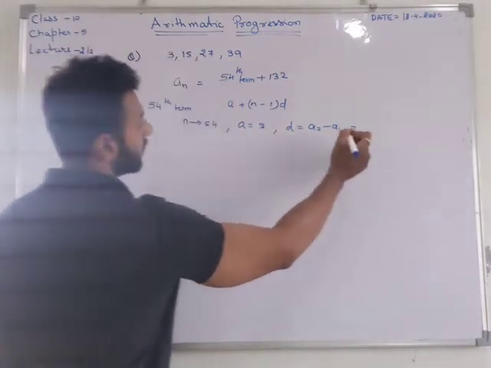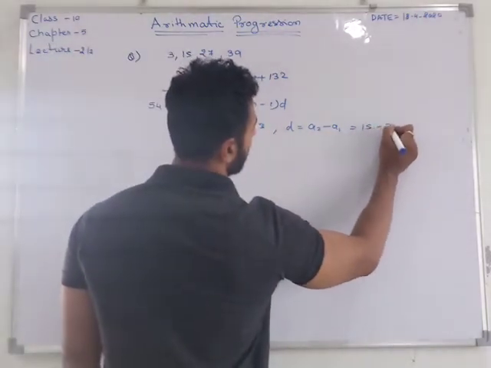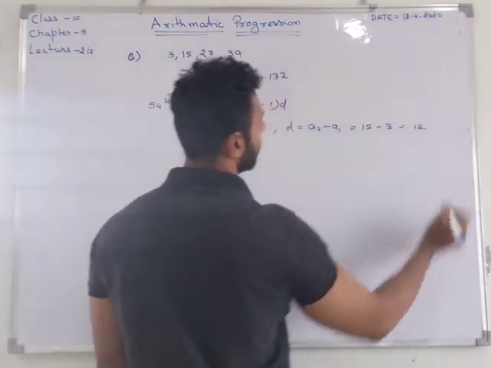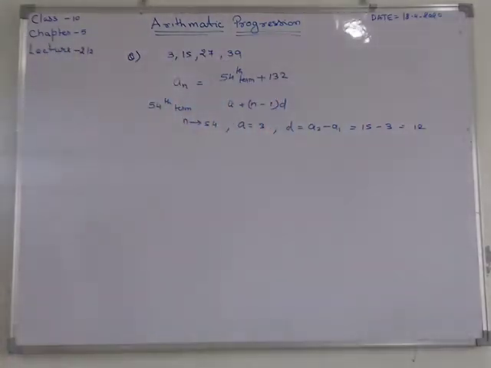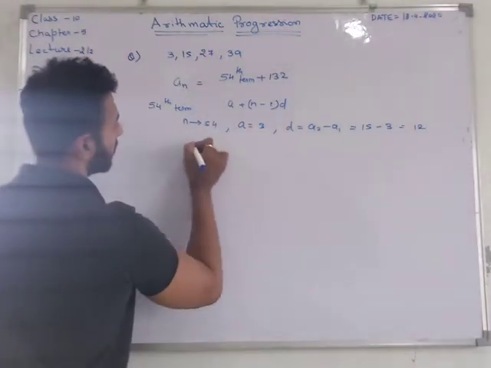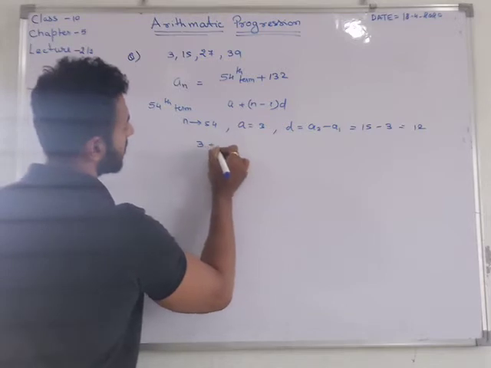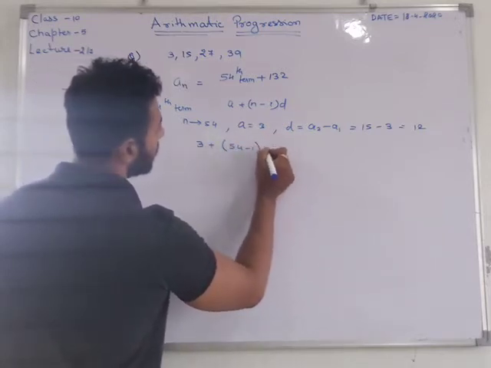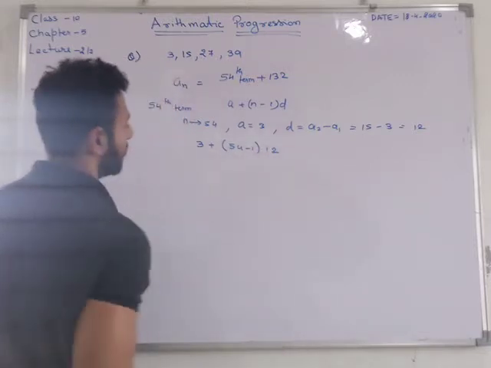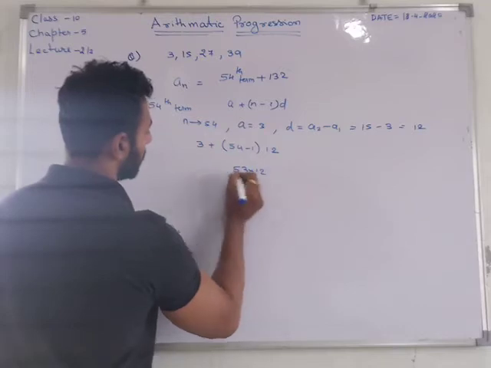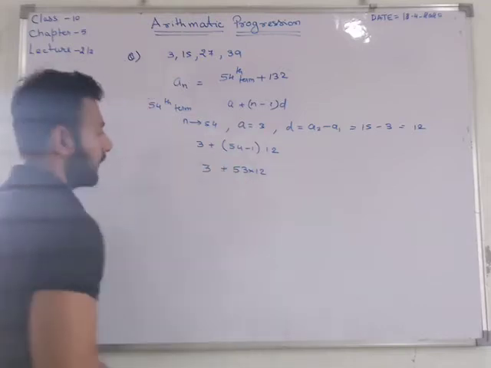A2 is 15, A1 is 3. 15 minus 3 will be 12. So we will be getting these values. Now substituting these values in the given equation, A54 is 3 plus 54 minus 1 into d. D is 12. This will be 53 into 12 plus 3.